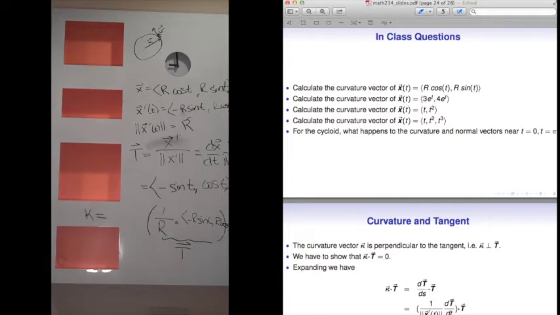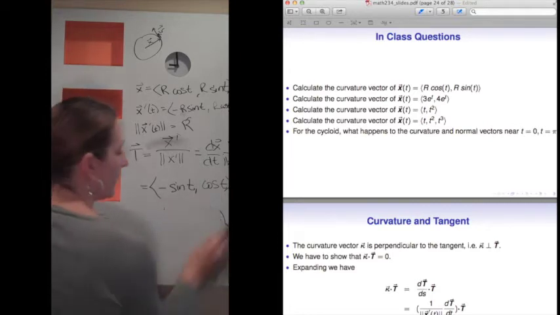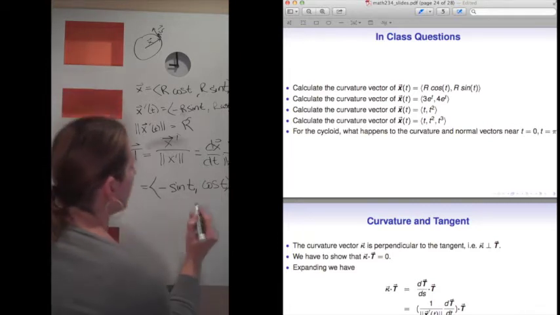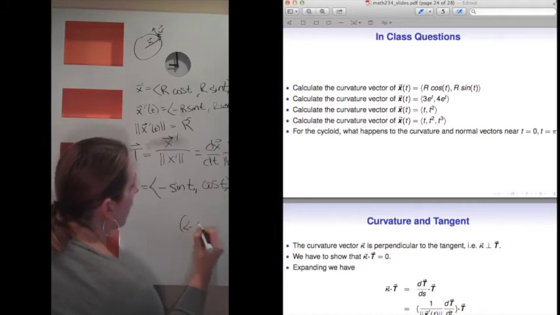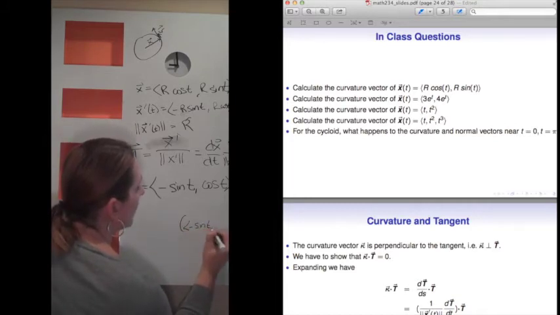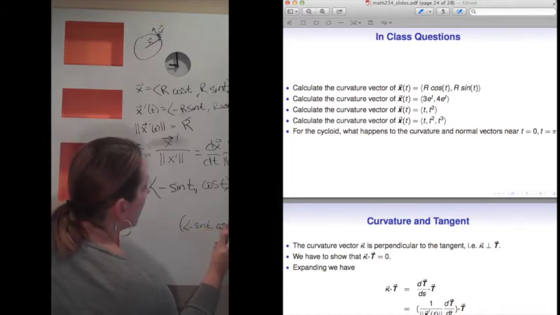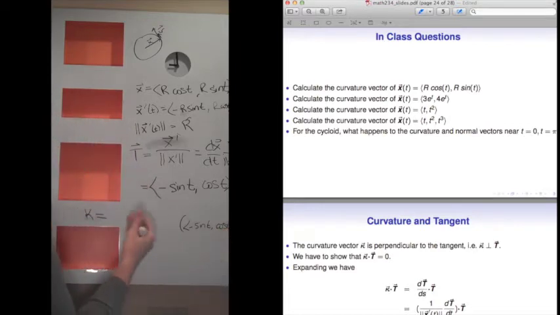Now to go to the second stage, let's now make everything simpler. All right, so I have minus sine t, cosine t, and I want to differentiate it again and then divide by the velocity.